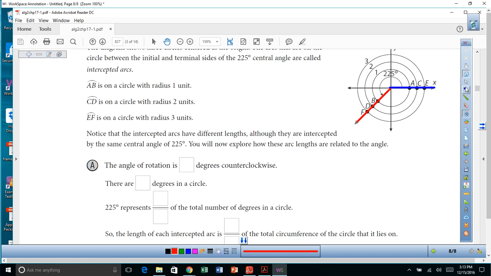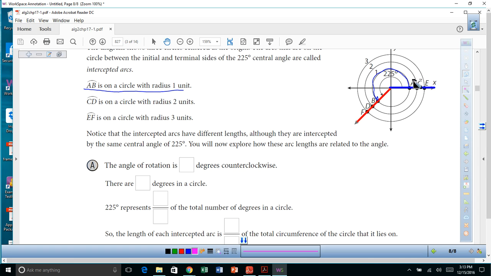Okay. So it says AB is on a circle with a radius of 1 unit. So AB right here, that's on a circle of 1 unit right there. That means the distance from here to there is 1, no matter where you go. CD is on a circle with a radius of 2.